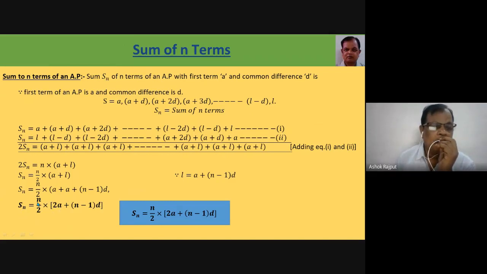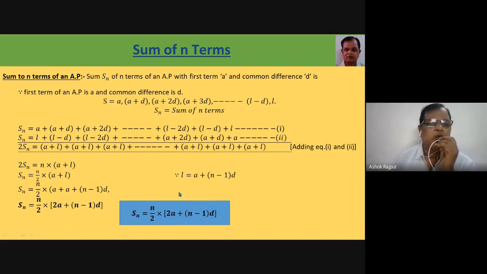Therefore, Sn equals n by 2 into the bracket 2a plus (n minus 1) into d, as we have written in the green blue box also. So Sn equals n by 2 [2a plus (n minus 1) d].